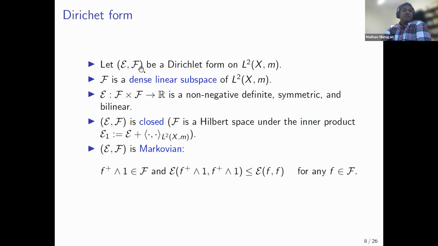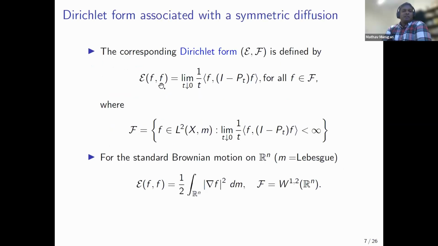This notion of Dirichlet form means that you have a quadratic form defined on some domain F. This F is a dense linear subspace of L2 with respect to this measure m, and E is non-negative definite, symmetric, and bilinear. I have only mentioned the definition of E(f,f), but you can define E(f,g) by polarization. For example, in the Brownian motion, it will be the integral of gradient of f dot gradient of g dm, where these gradients are the distributional gradients, of course.